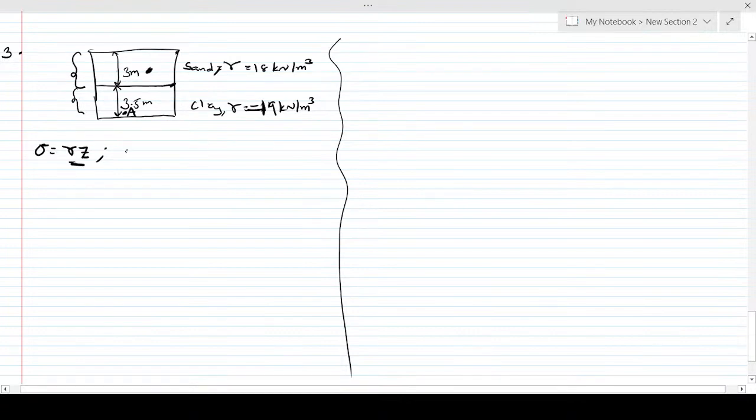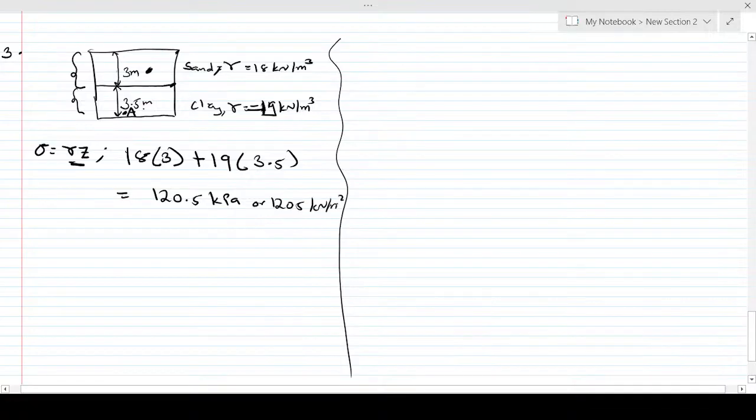So we have the unit weight to be 18 times the depth, which is 3, plus, we come to the second layer, the unit weight is 19 times the depth, which is 3.5. Then we compute this and we will have 120.5 kilopascal, or 120.5 kilonewton per meter square. They are still the same thing.